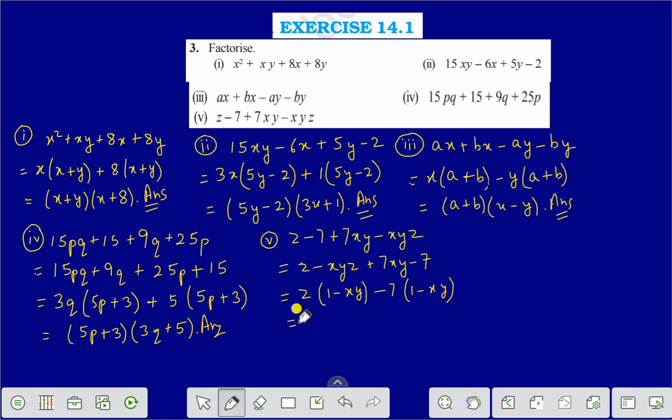Therefore we are getting 1 minus xy into z minus 7. That is the answer of question number 5. The answer is 1 minus xy into z minus 7.